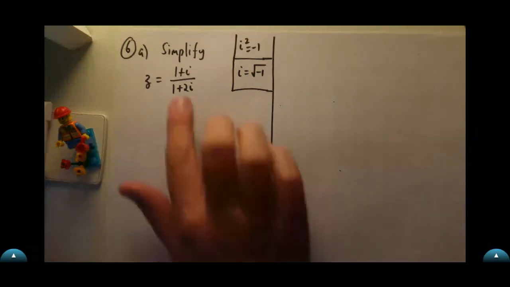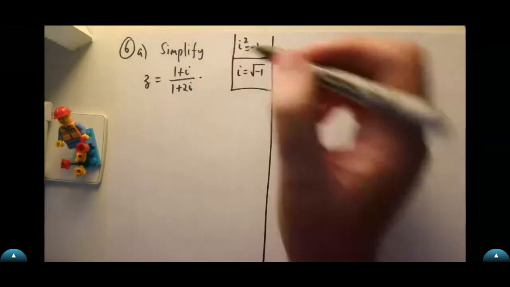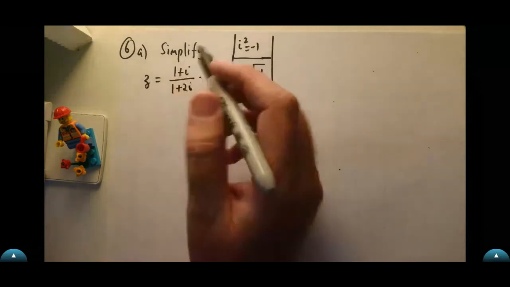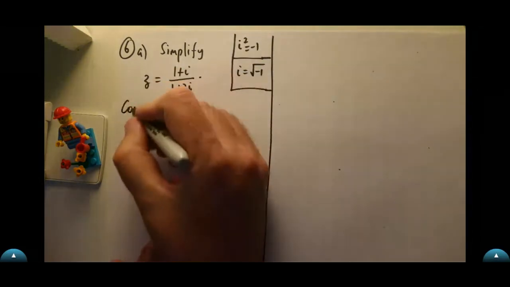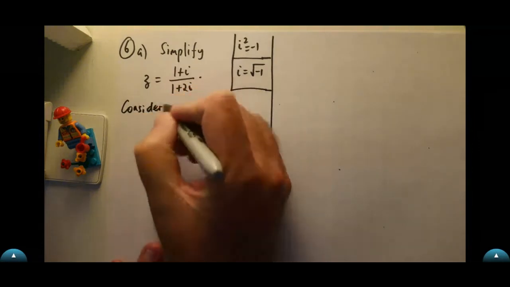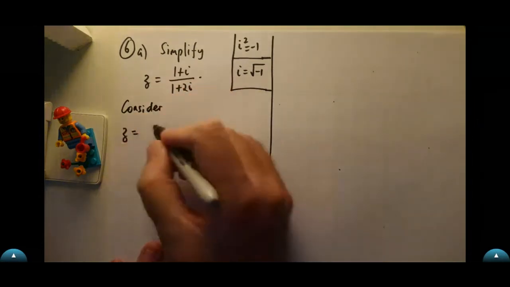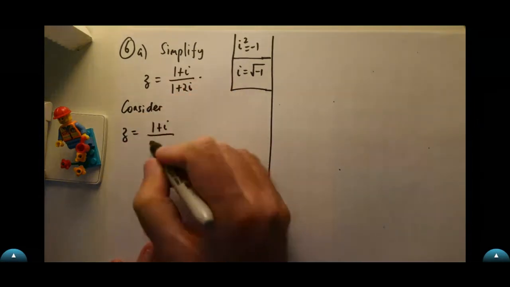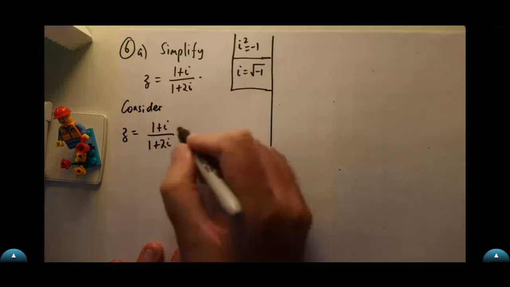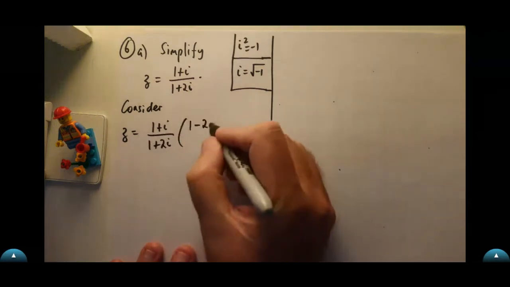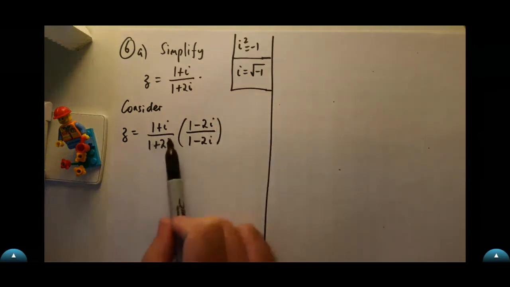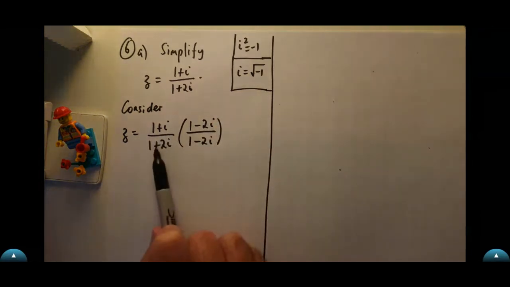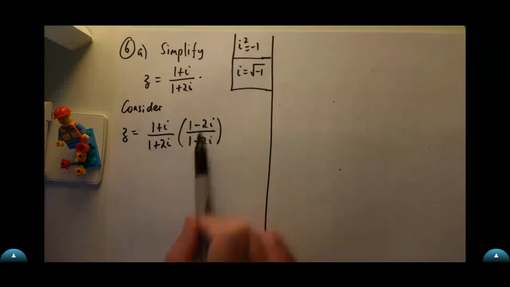Okay, so how do we do this? Well, let's multiply by the conjugate, okay? So we multiply by a factor of 1 where we look at the denominator, change the sign, and then multiply by a factor of 1.